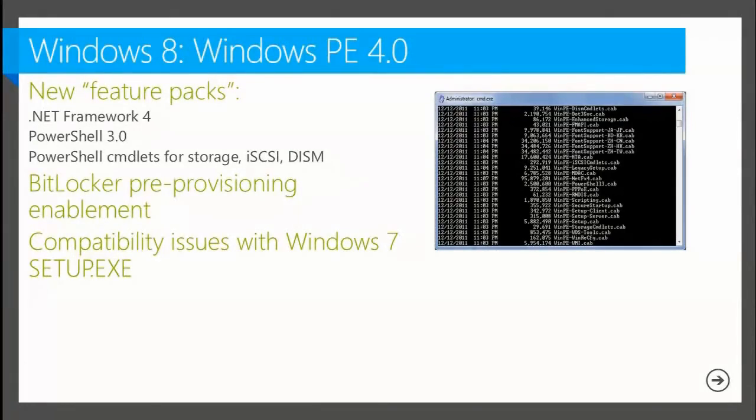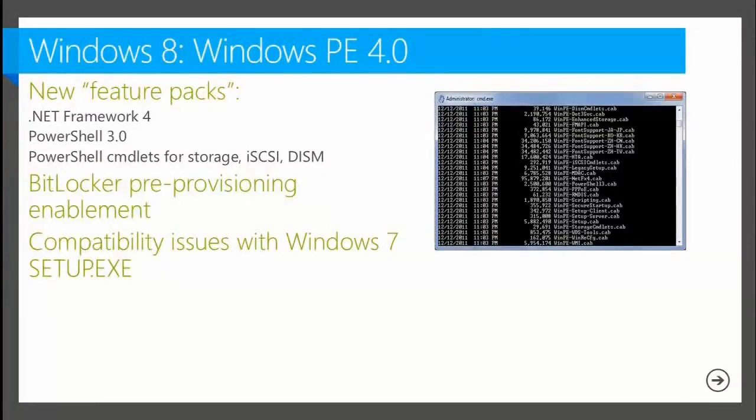As we talked before, Windows PE 4.0 is required to support BitLocker pre-provisioning. It includes the managed BDE.exe and the necessary pieces behind the scenes to actually turn that on. There are some issues if you wanted to use the new version of Windows PE to run the Windows setup.exe. That won't run on the new version of Windows PE without a couple of pop-up errors saying that it can't find entry point, fast procs, whatever.